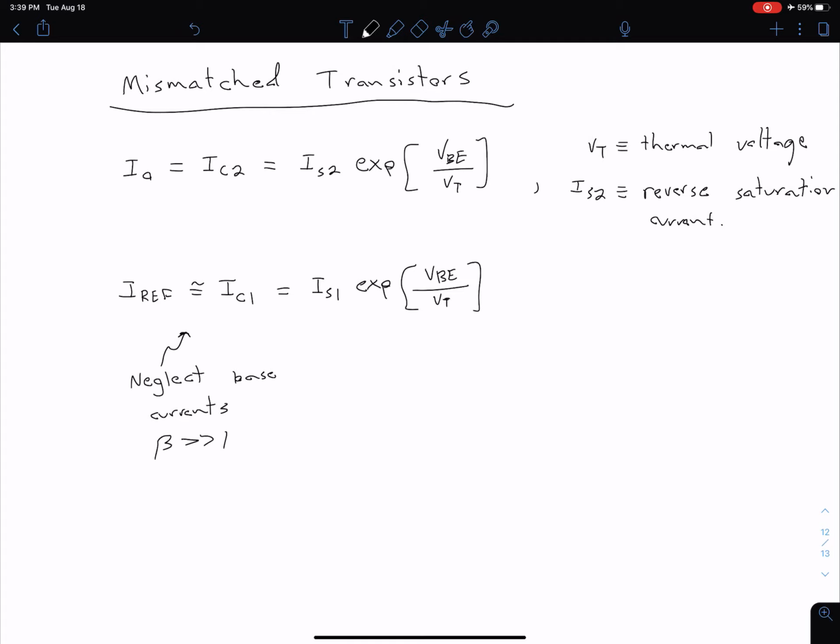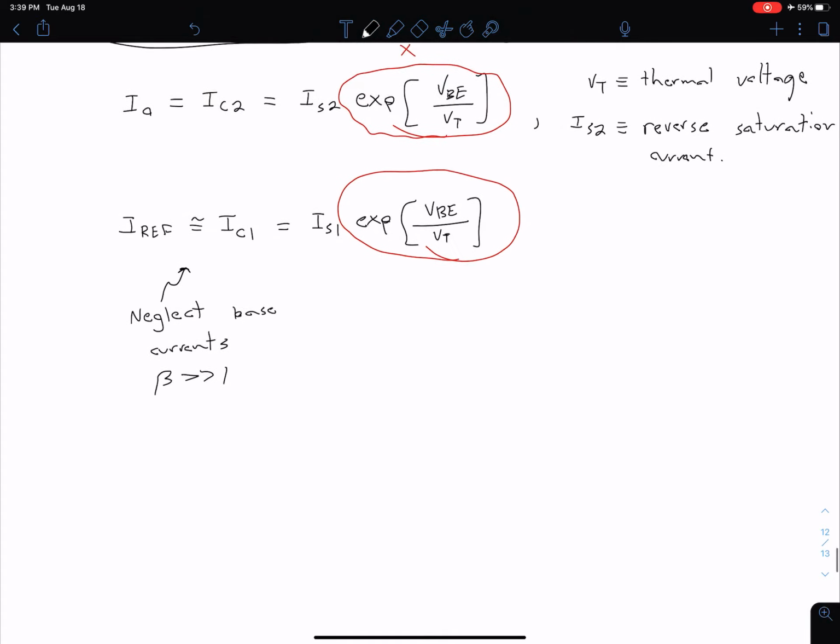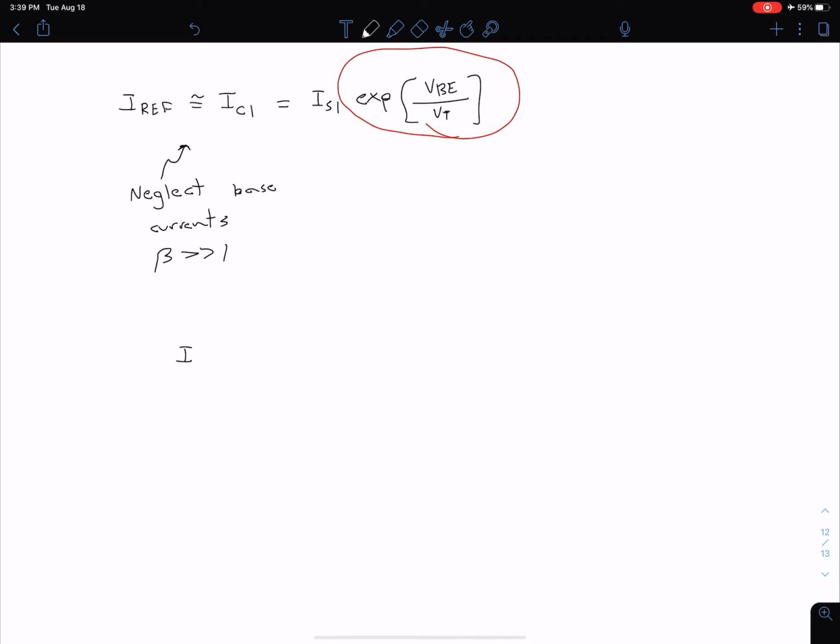We have this same term in both, so we can solve for it, call it x, and plug it into our second equation. If we do that, we see that I naught is equal to Iref times IS2 divided by IS1.